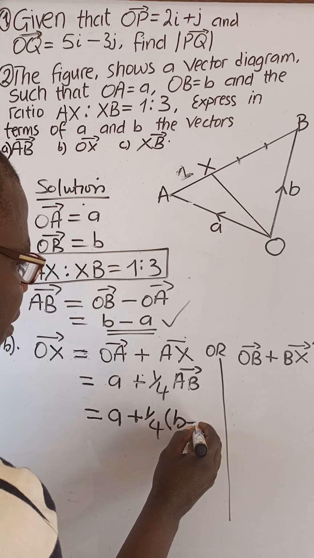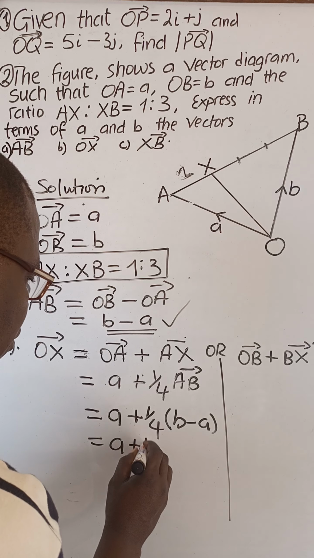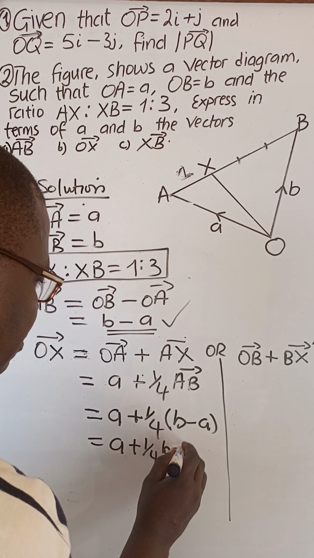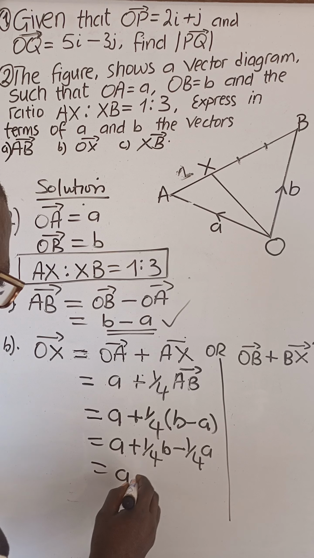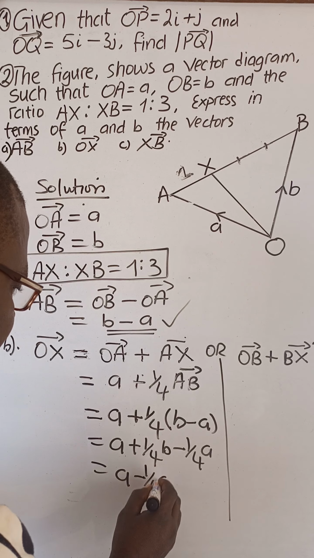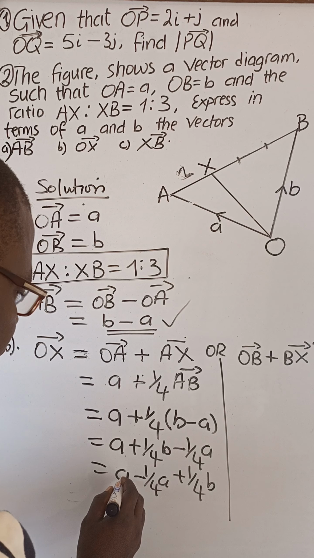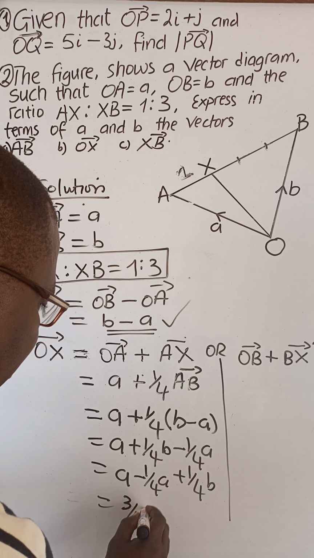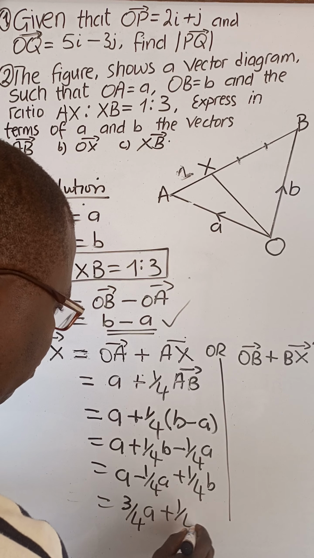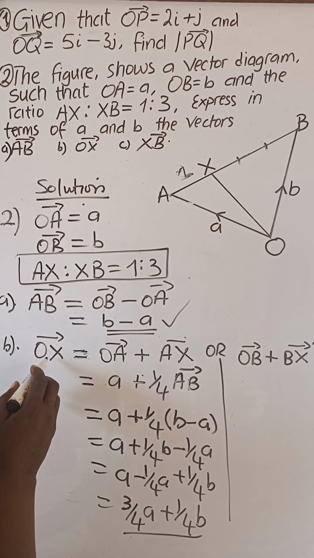AB is simply B minus A. So this gives us A plus 1/4 B minus 1/4 A. This is A minus 1/4 A plus 1/4 B, which is 1 minus 1/4 is 3/4. So we have 3/4 A plus 1/4 B. So this is the expression for OX.